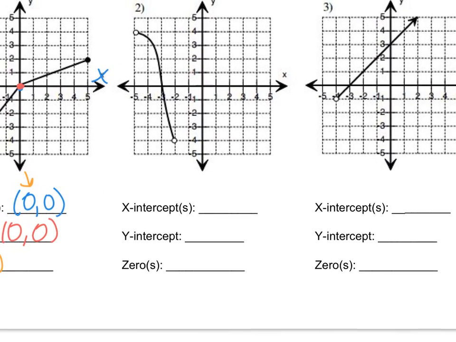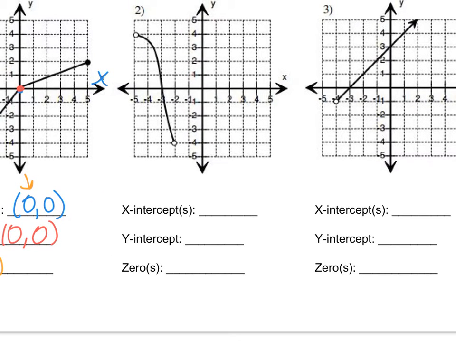Let's look at number 2. On number 2, our x-intercept crosses the x-axis right here, so that's at the point (-3, 0). Notice our y-intercept, well, it never is going to cross it, and actually our graph stops right here. So it's never going to cross the y-axis. So we would simply say there is no y-intercept.